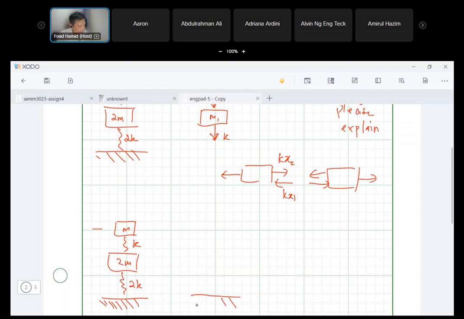This is X1, the direction of positive X1, and this is the direction of X2. Let's look at this.